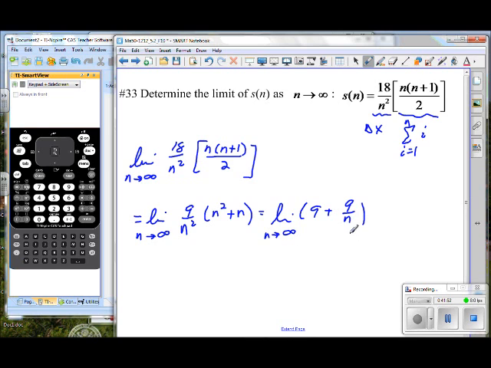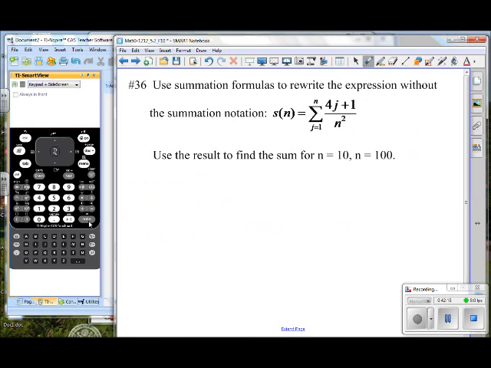Now, as n goes to infinity, go back to our work in section 4.5, as the denominator increases without bound, the value of this fraction becomes 0. So we have 9 plus 0, or simply 9. So the summation of this quantity, as we allow n to go to infinity, is just simply 9. And again, that may not be problem 33.